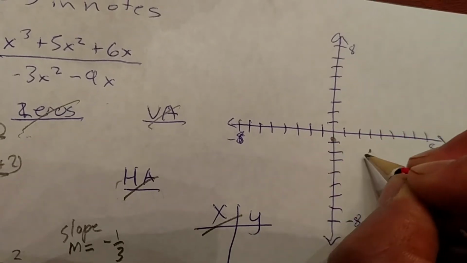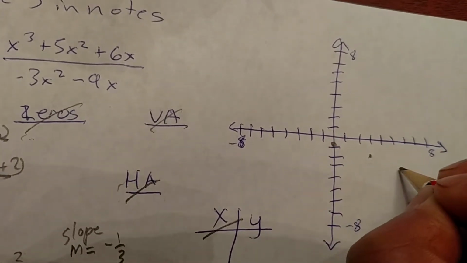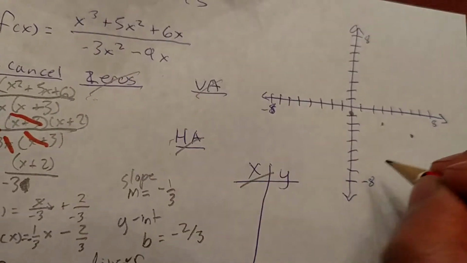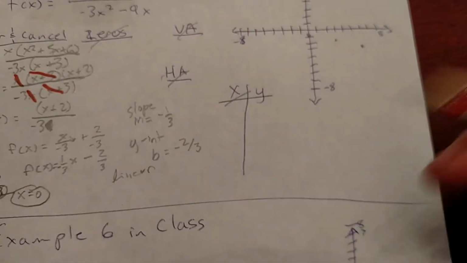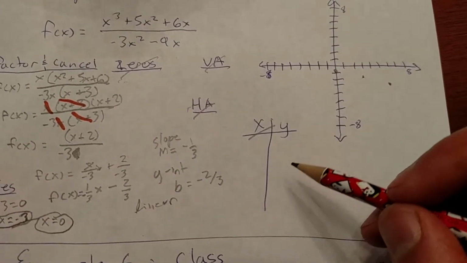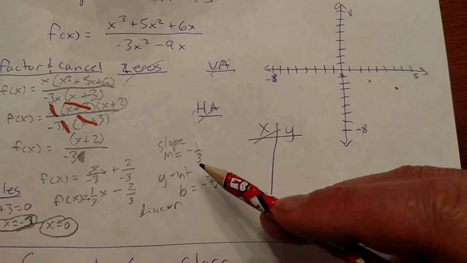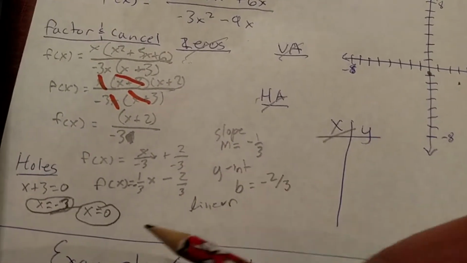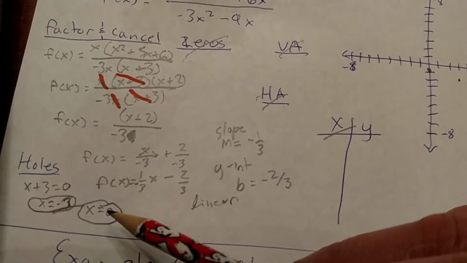So down 1 over 3, down 1 over 3. Okay, that's going to create my line. Or I could plug in points. I'm not going to do that because it would take too long, and you know how to do it this way, so that's easy.